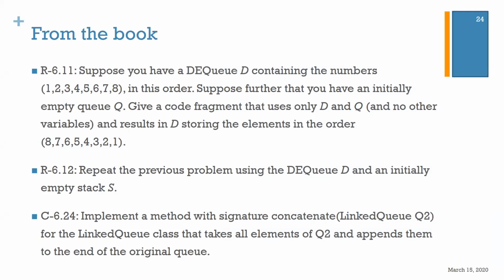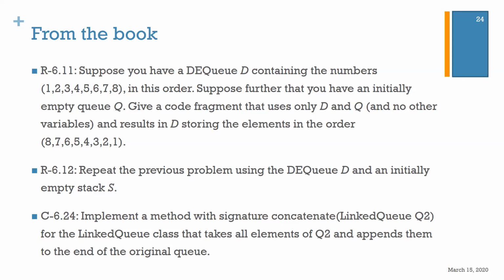Give a code fragment that uses only D and the Q and no other variables, and results in D storing the elements in this order: 8, 7, 6. Meaning you have double-ended Q for D and you have another Q, and just by using D and the Q only, how to reverse the elements in the double-ended Q D.